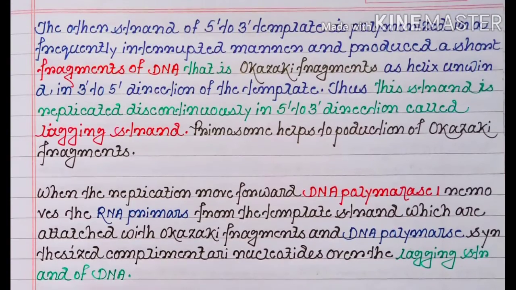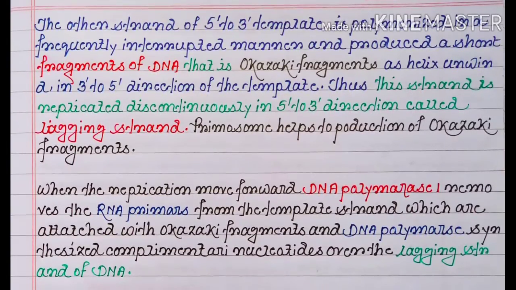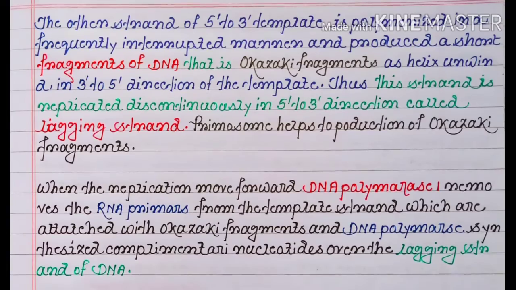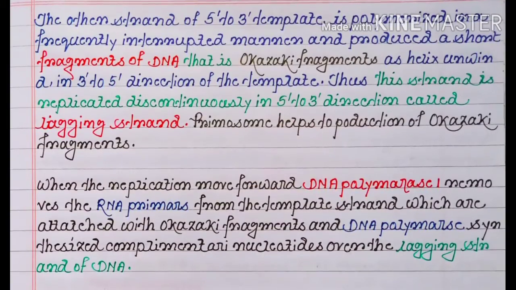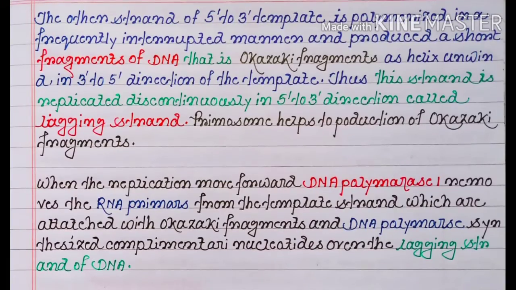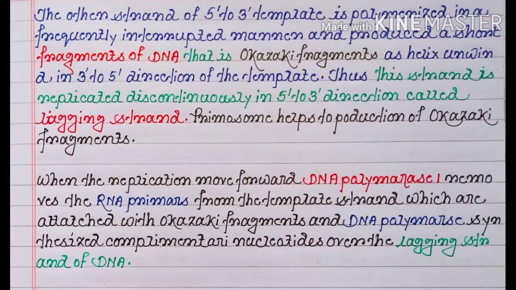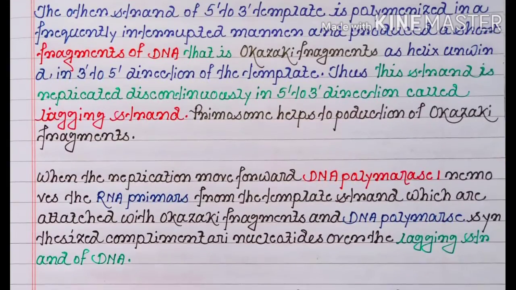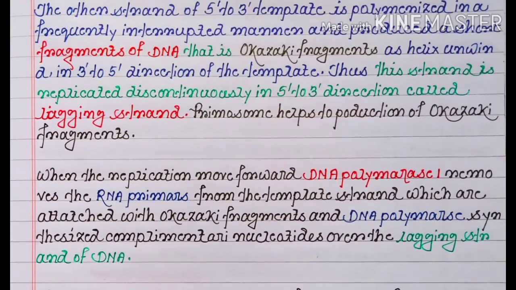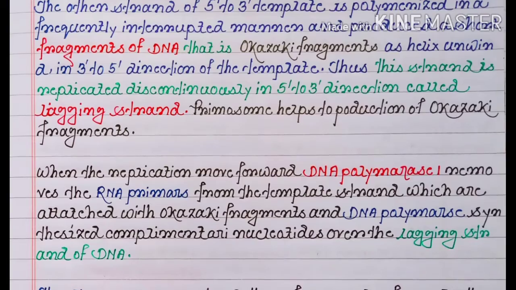Now, the other strand, the 5' to 3' template, is polymerized in a frequently interrupted manner and produces short fragments of DNA known as Okazaki fragments, as the helix unwinds in the 3' to 5' direction of the template.